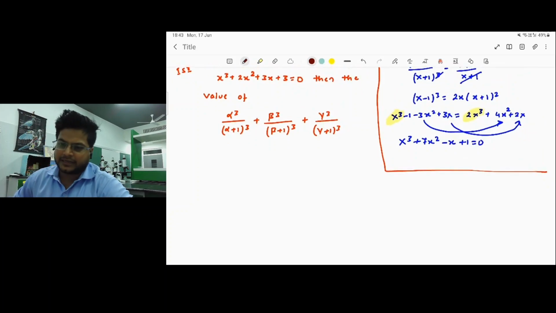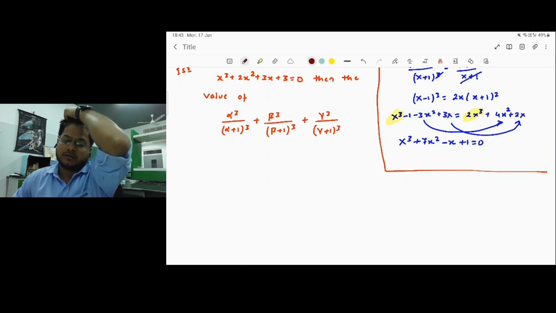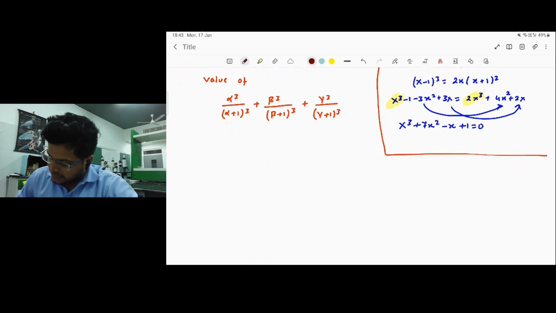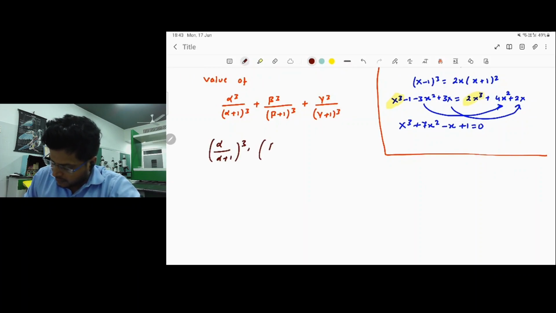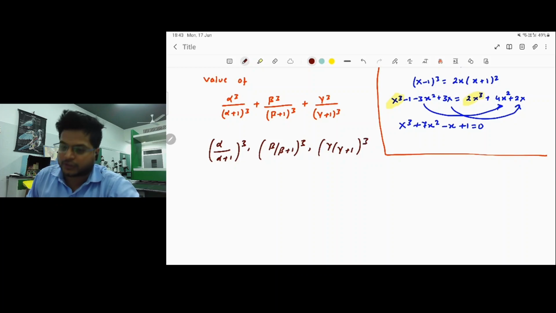So can you see, I'm seeing this quantity as the roots are alpha by alpha plus 1 whole cube, beta by beta plus 1 whole cube, and gamma by gamma plus 1 whole cube. I am seeing it this way.